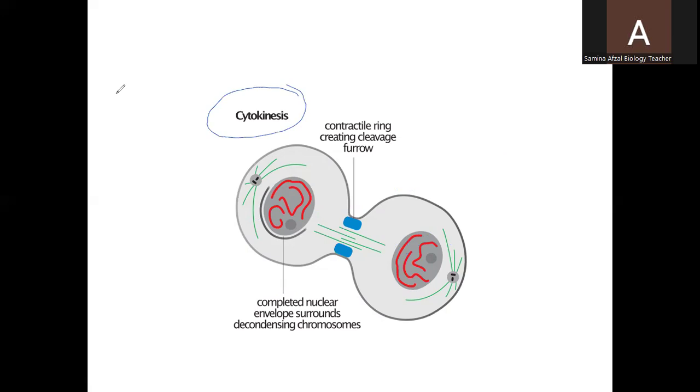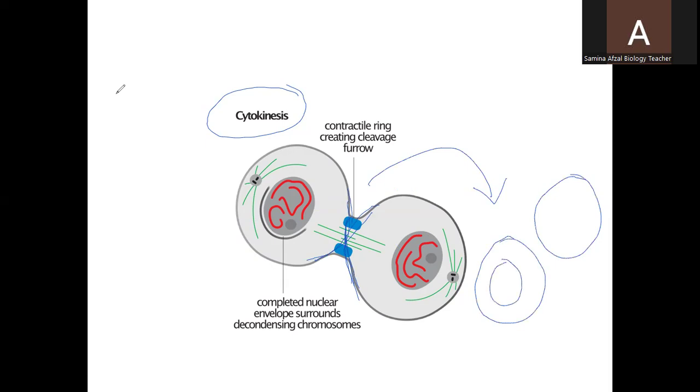The nuclear membrane is almost reformed. Chromosomes are in the form of chromatin fibers. Spindle fibers have disappeared. Now the contractile ring creates a cleavage furrow, so the cytoplasm will divide, and it results in the formation of two daughter cells.